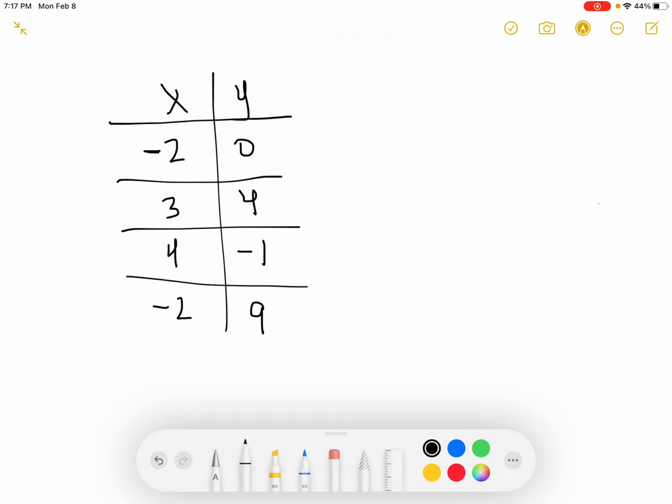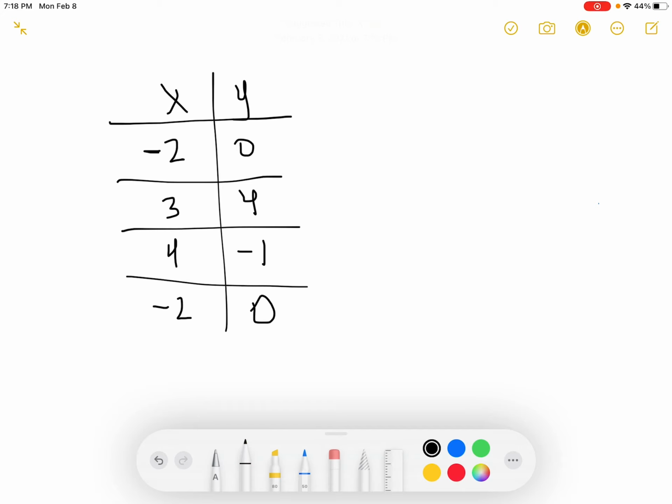If you see two of the same x, then you already know it's not a function, unless the y's happen to be the same. So there, you see that one x still points to two different y's, so no, not a function. What if I changed this 9 to a 0?